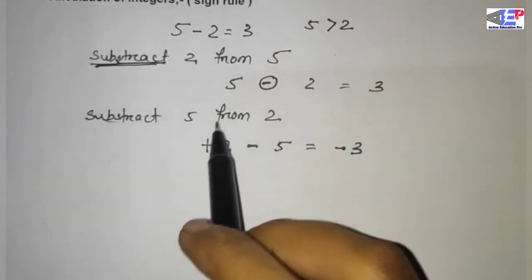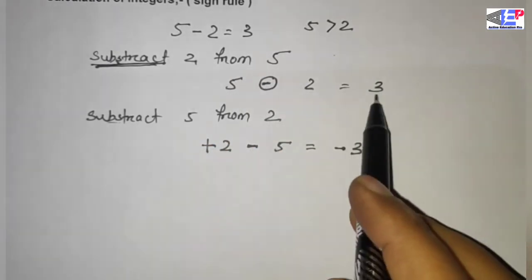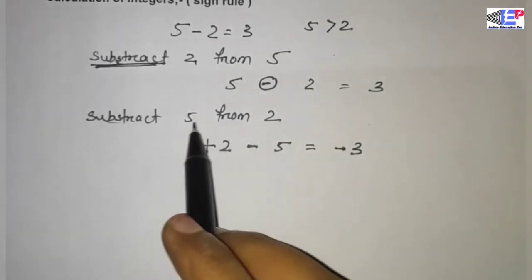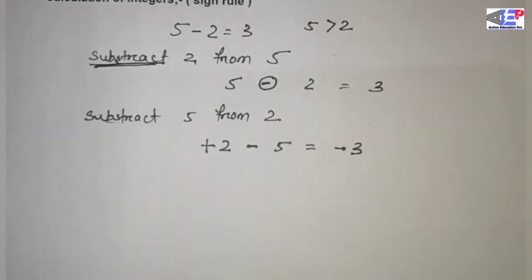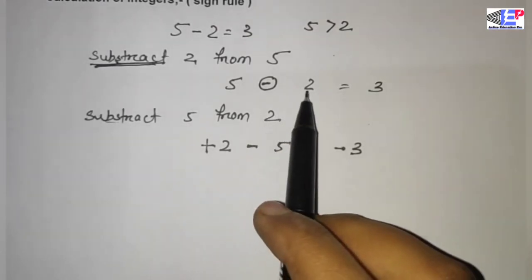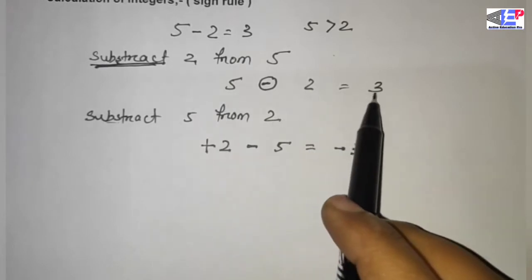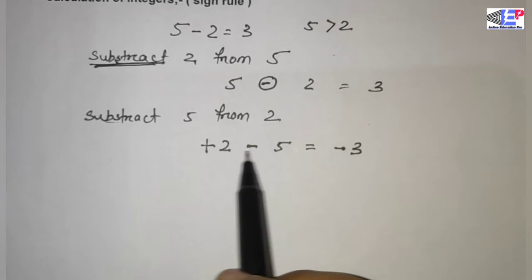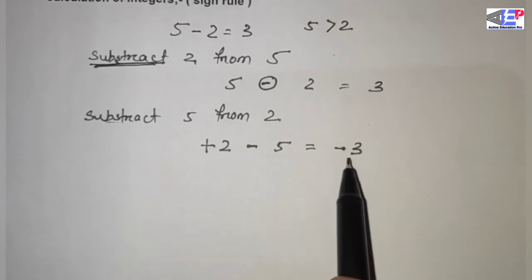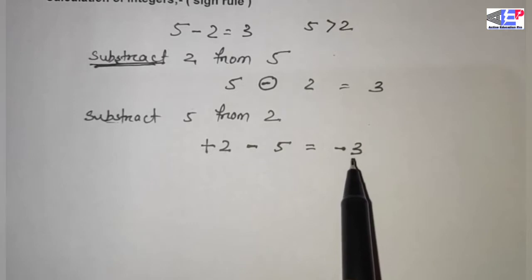Look here: when you subtract 2 from 5, your answer is 3. When you subtract 5 from 2, your answer is minus 3. Vice versa. Here we subtract the smaller number from the larger number, so your answer is a positive integer. When you subtract a larger number from a smaller number, your answer is a negative integer, minus 3.